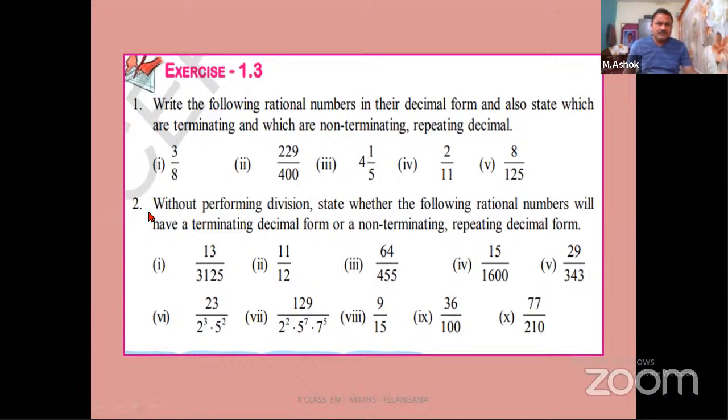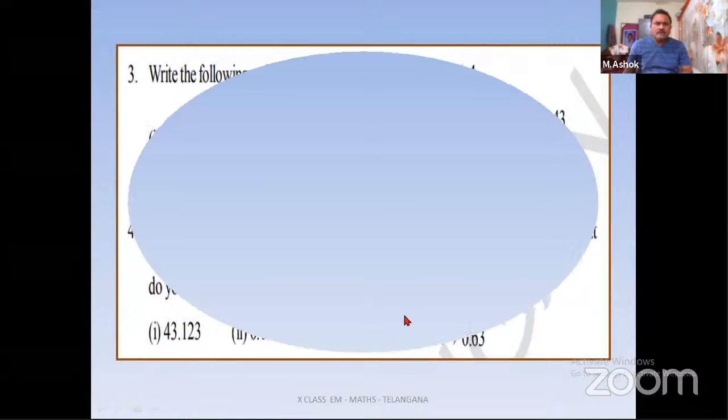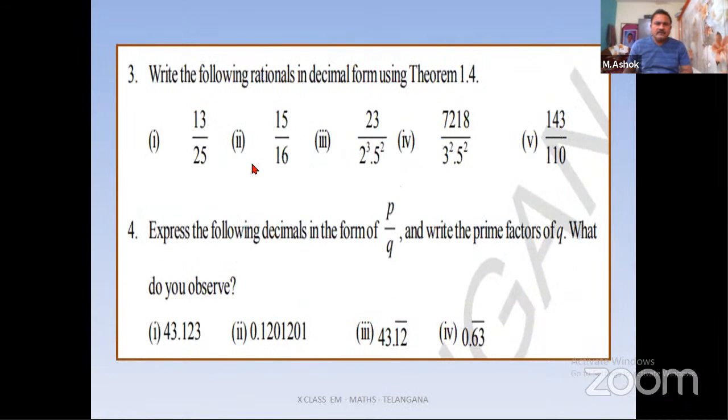Look at the second one: without performing division, state whether the following rational numbers will have a terminating decimal form or non-terminating repeating decimal form. Just now we have solved this type of problem. In this, I tell one sum. Look at the third bit, third sum and fourth sum, all are homework for you.